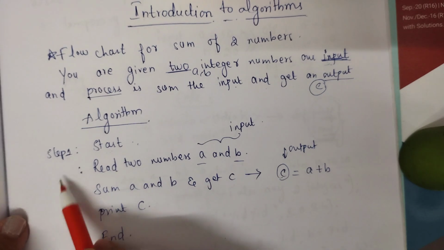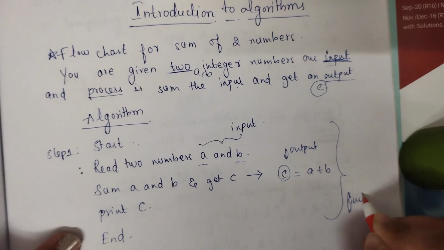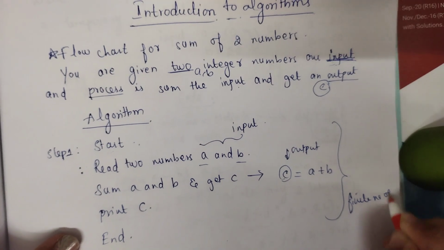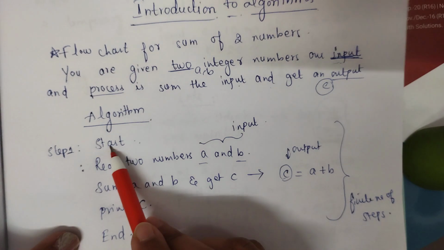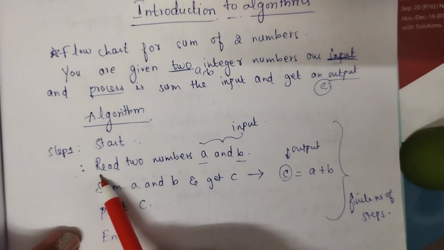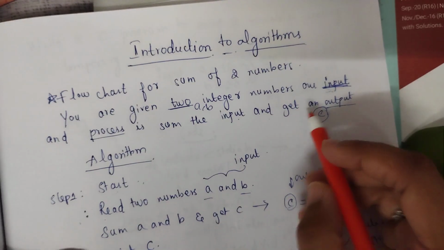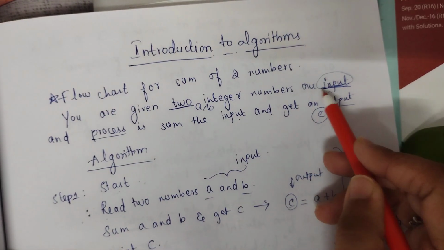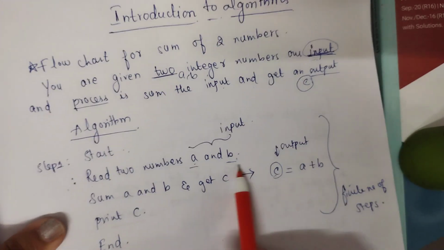Our first step, since we said it will have a finite number of steps, step 1 is start. Second step is read two numbers a and b. As I said, our input has two integers, a and b. So read two integers a and b.